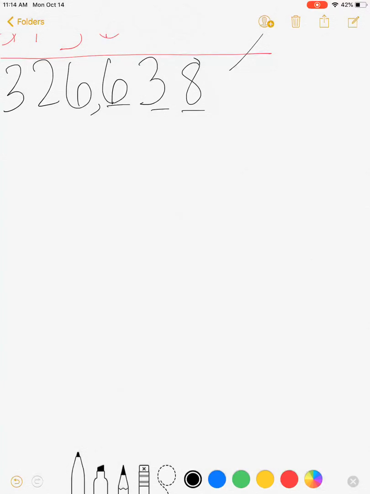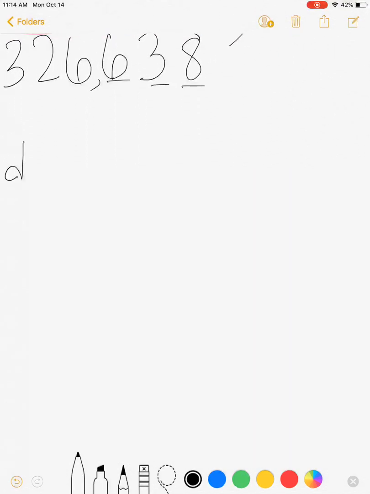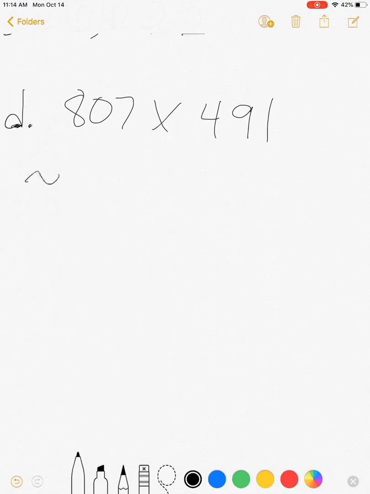Okay, so I did A, B, and C for you. Let me do one more. D. 807 times 491. Estimate. Underline the hundreds.